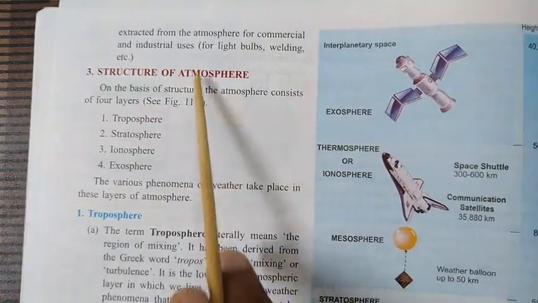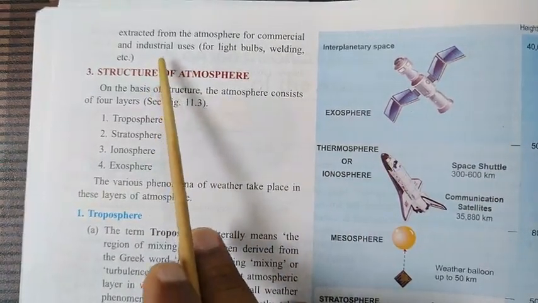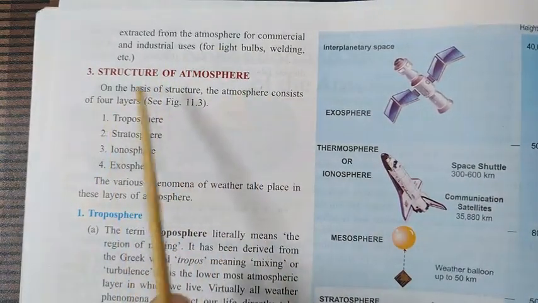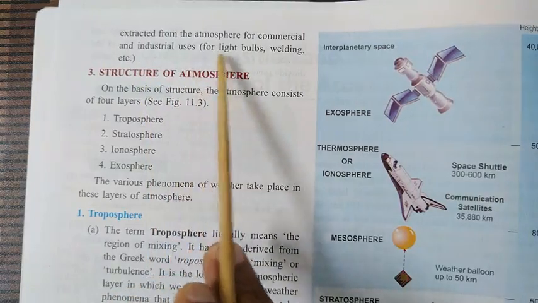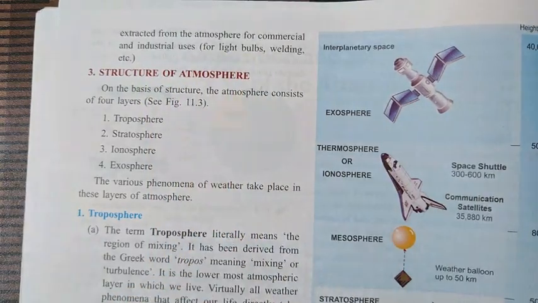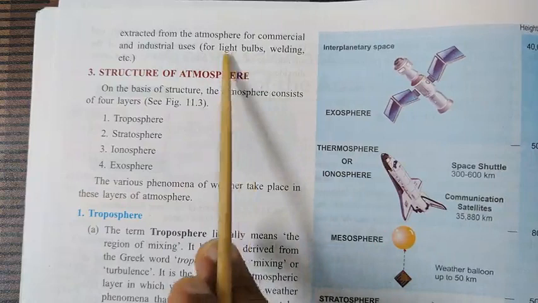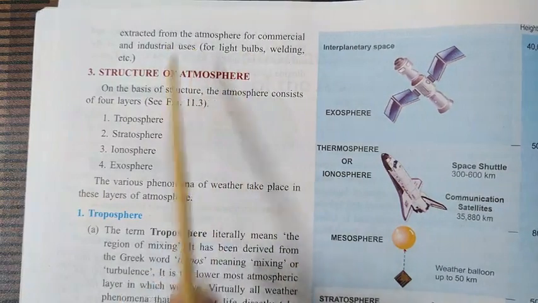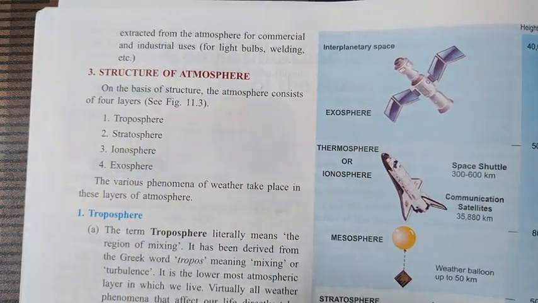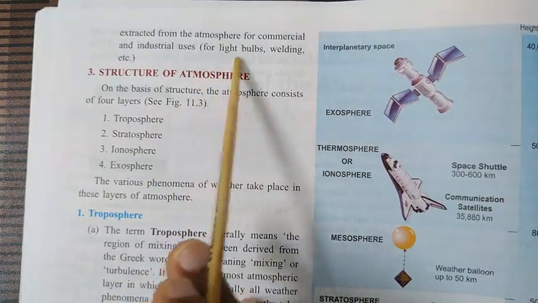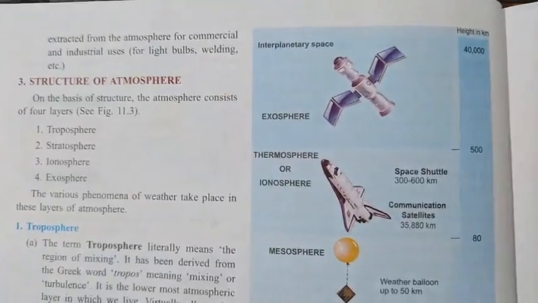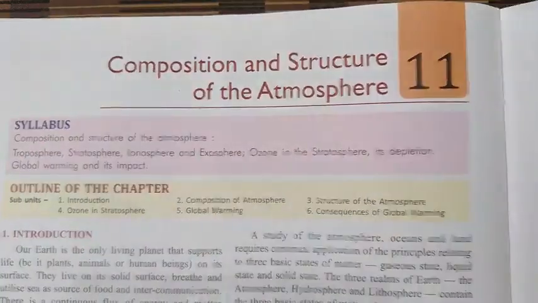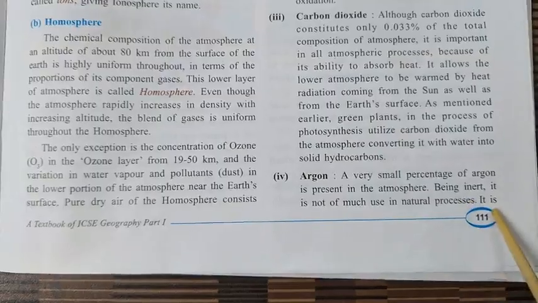One thing all of you know, it is usually extracted from the atmosphere for commercial use, especially industrial use. What for? Light bulbs and welding, etc. But why is it used in the light bulb? And that's why in the atmosphere it also plays a very, very important role.